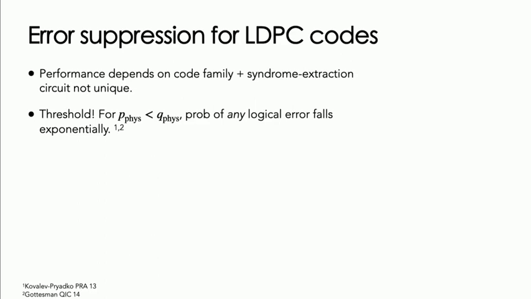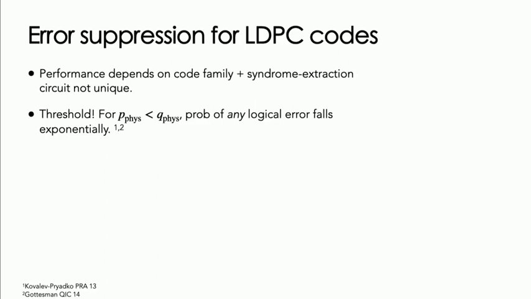And furthermore, even after we've chosen a code, the syndrome extraction circuit itself is not unique, and the probability of failure can depend on the specifics of your syndrome extraction circuit. For LDPC codes in general, however, we can make some pretty broad claims, namely that these codes have a threshold.